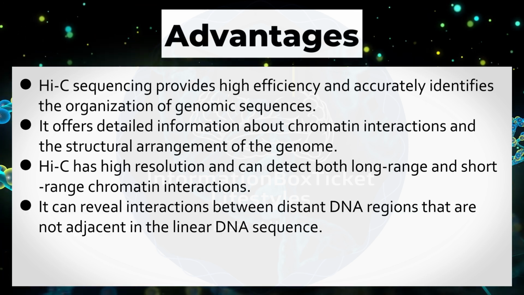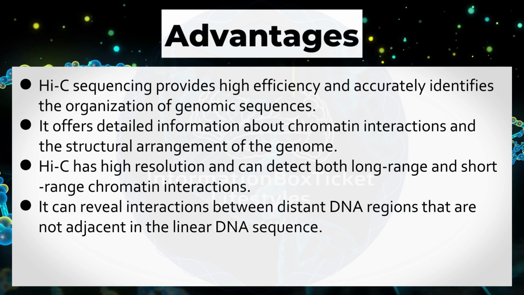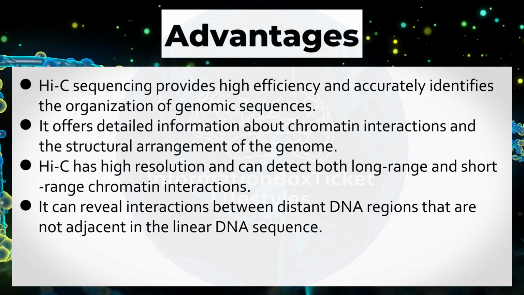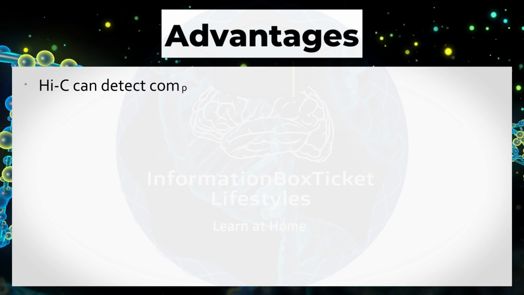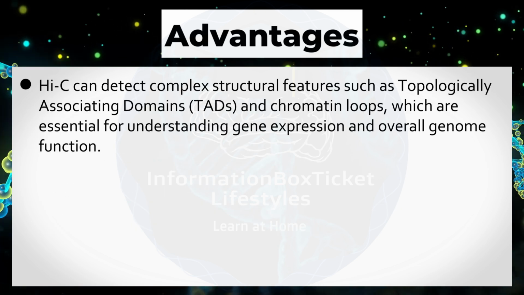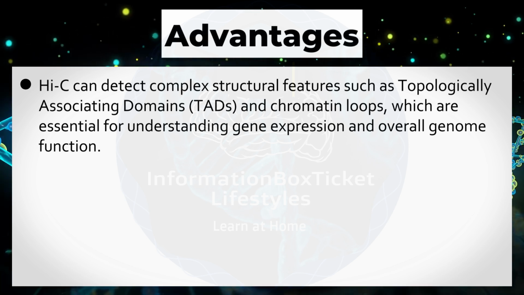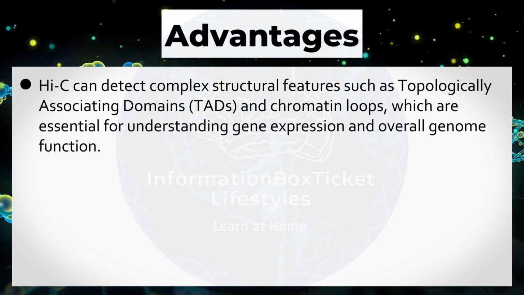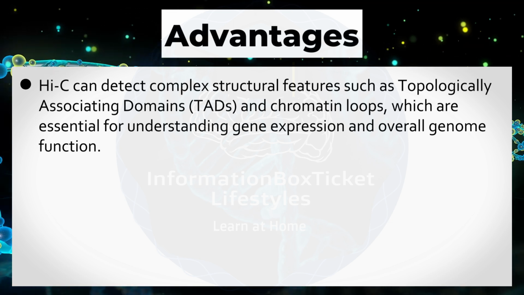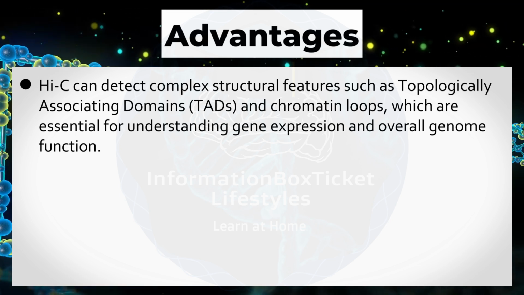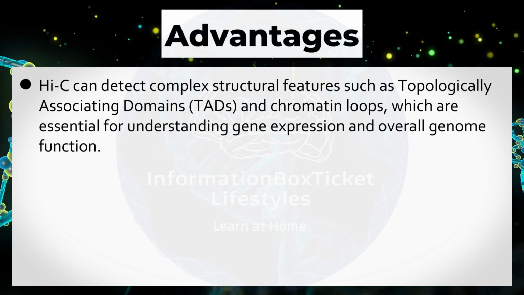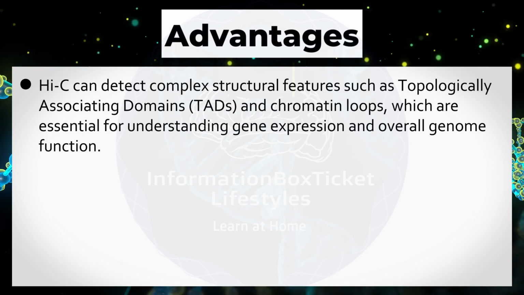It can reveal interactions between distant DNA regions that are not adjacent in the linear DNA sequence. Hi-C can detect complex structural features, such as topologically associating domains, TADs, and chromatin loops, which are essential for understanding gene expression and overall genome function.